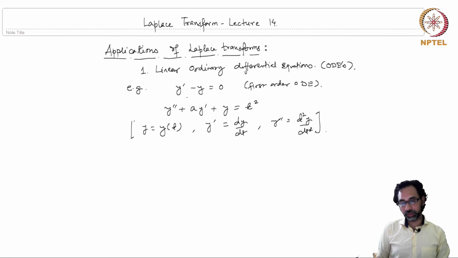These are examples of linear ordinary differential equations, and we have seen how to take the Laplace transforms of the first derivative and higher derivatives.